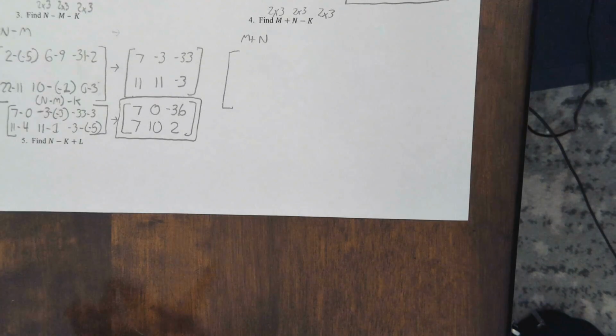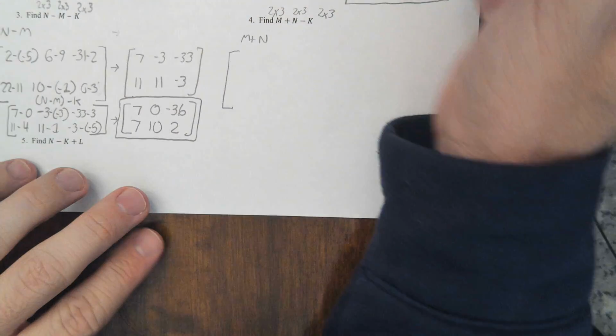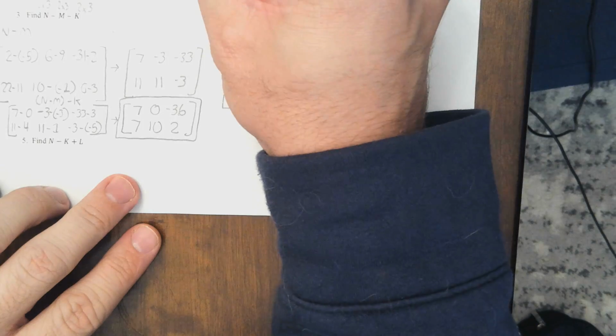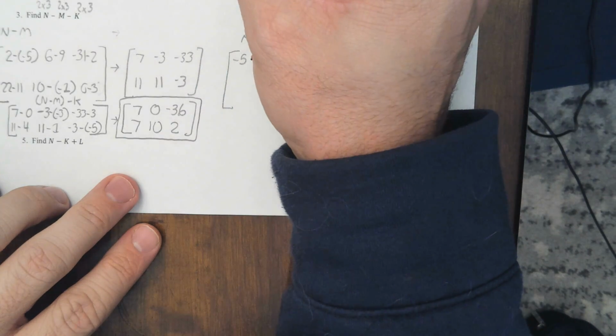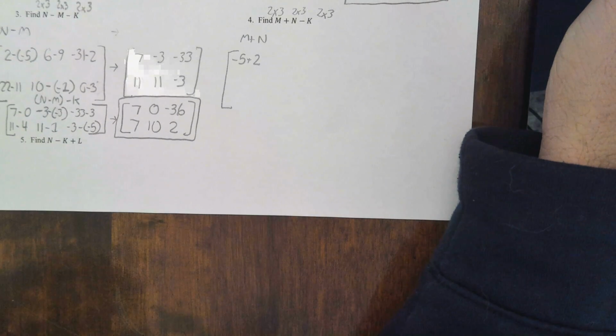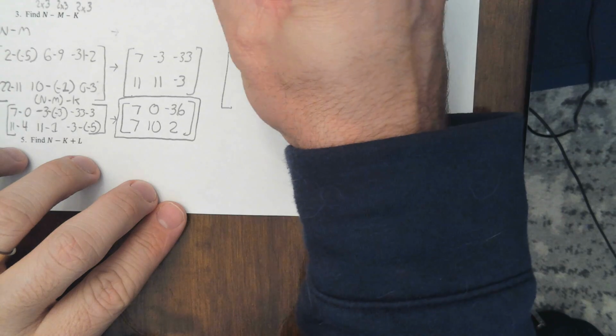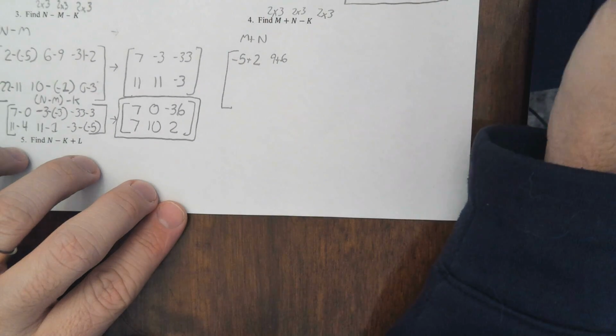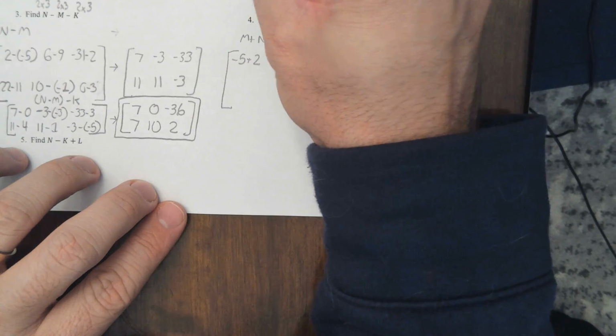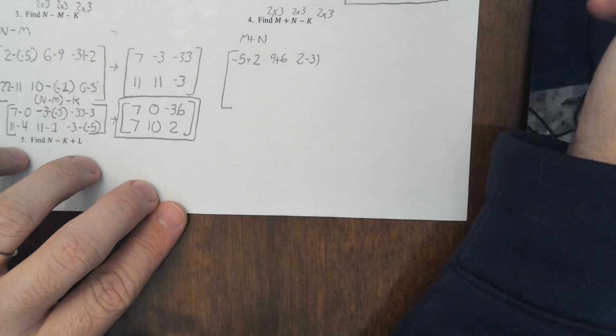So here we go. Using those corresponding elements from m and n, negative 5 and 2 share that same spot, so negative 5 plus 2. The 9 and the 6 share the same spot, so 9 plus 6. And then the 2 and the negative 31 share the same spot.